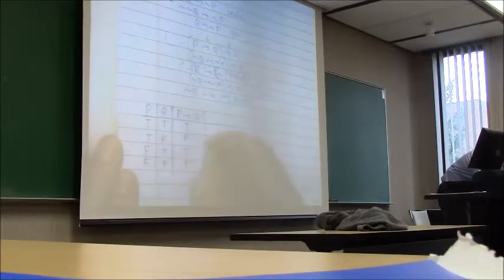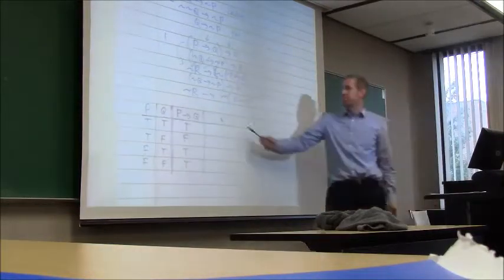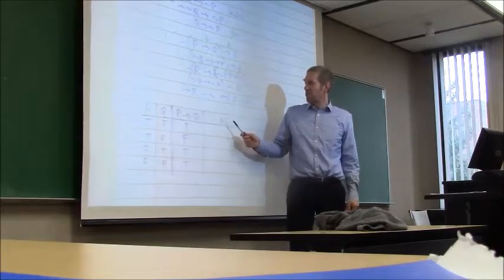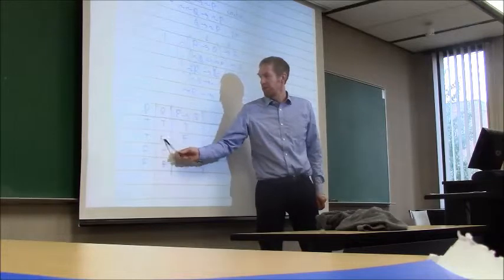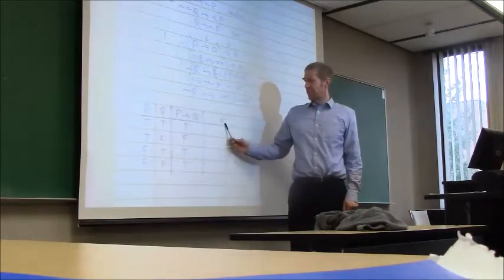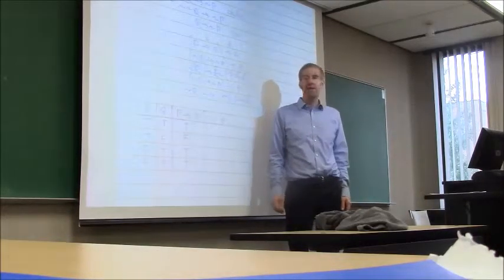Now, we know that that's going to be equivalent to some disjunction, because there are 3 trues and a false. We just want to set it up so that it is a disjunction that is false when P is true and Q is false. What disjunction? Well, first of all, when is a disjunction false? When they're both false.